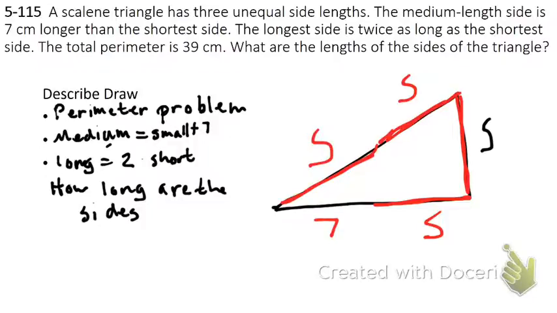Alright, so I've drawn it now, all of my important information. Longest side is twice the length. My medium side is the shortest length plus a 7, and then we've also got the shortest side.